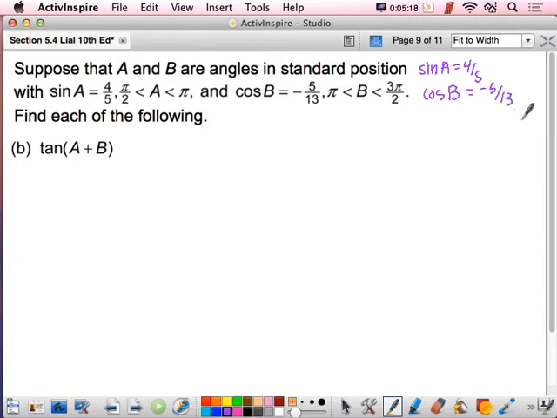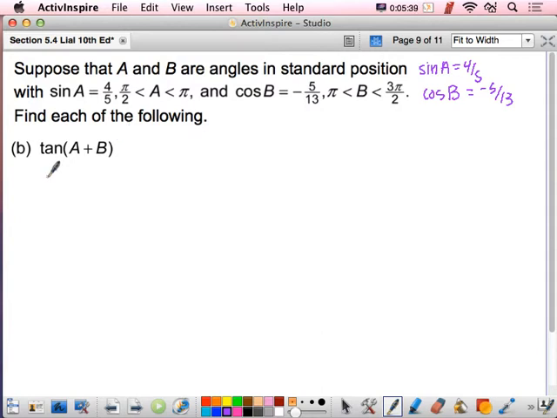And we also know the cosine of A and the sine of B because we just found them, right? So we could find tangents by doing sine over cosine. Does that make sense? But we don't know the sine and the cosine of A plus B. We only know separately of A and B. So we still have to expand this out. Does that make sense?